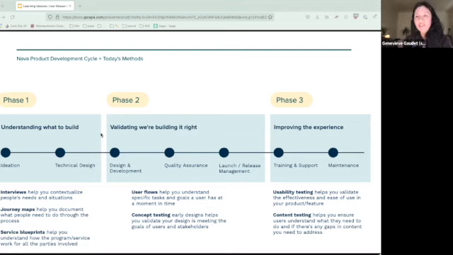In general, concept testing is when you're really looking at early designs. This can be a prototype, but sometimes we're doing it on a single page, or even a really low fidelity version of one page, sometimes called a wireframe.